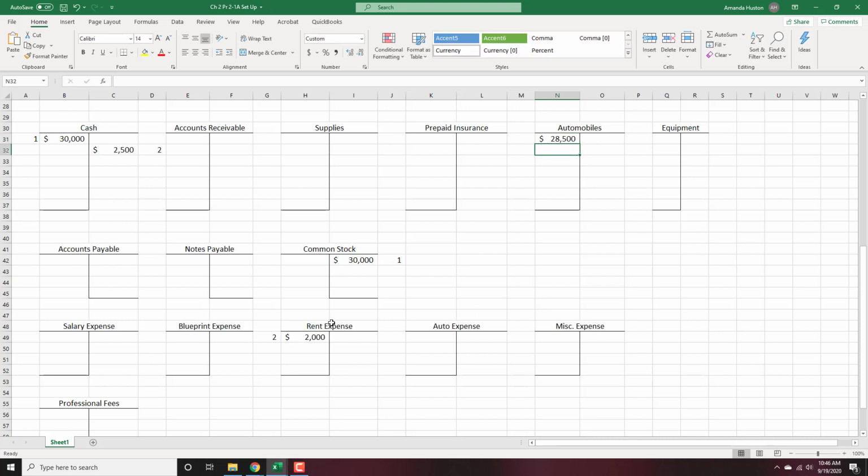They said we paid $6,000 in cash, so that's a negative to cash, $6,000. And how do we know what we owe on notes payable? Notes payable would be a credit, which normally has a credit balance, and it would be whatever we had for the automobile minus the cash of $6,000. So we took out a notes payable of $22,500.